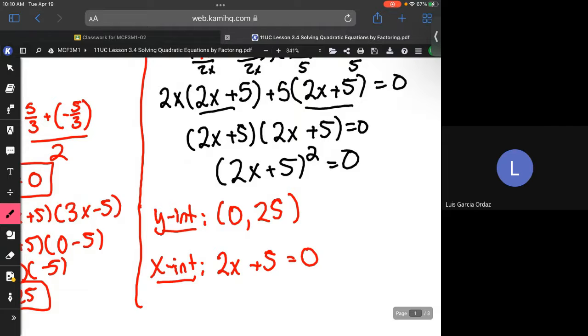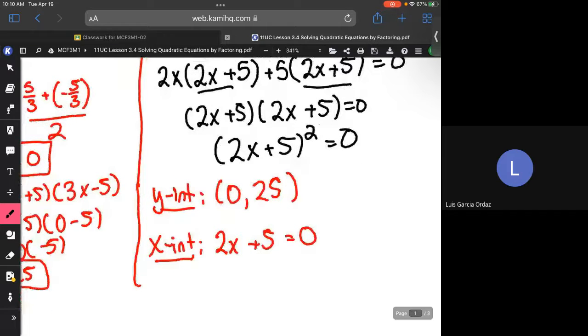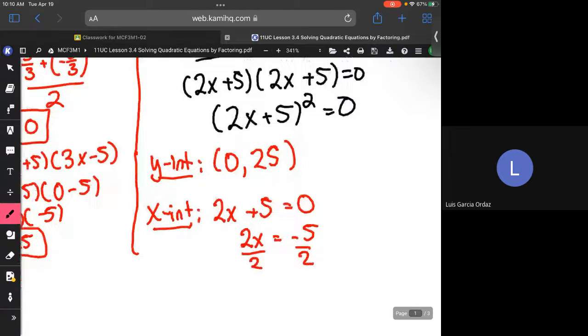What's my x-intercept going to be? Positive or negative? Wait, so is negative 5 the same as negative 2.5? Yep. So x is equal to negative 5 over 2 is going to be my x-intercept.